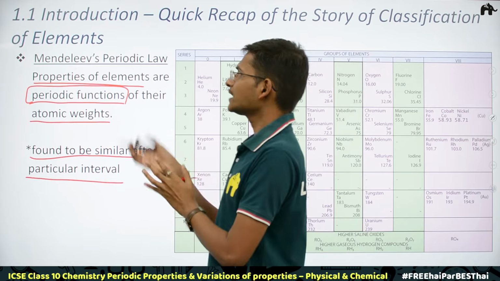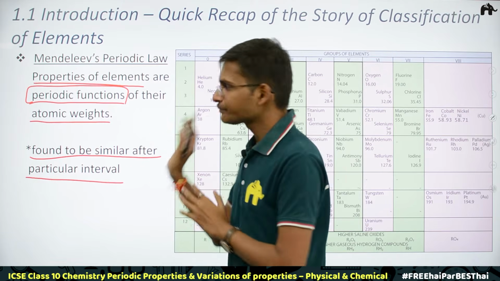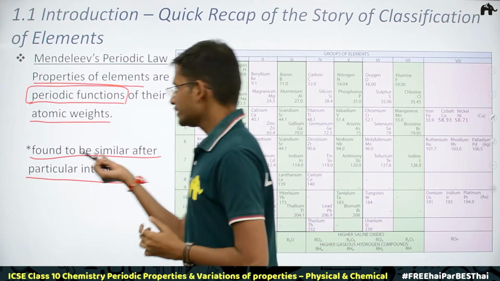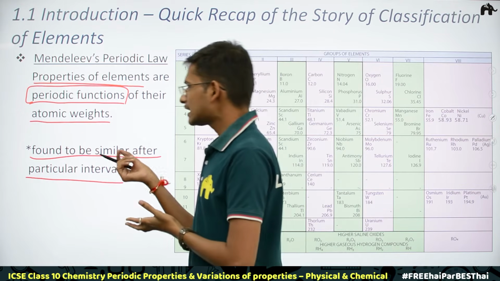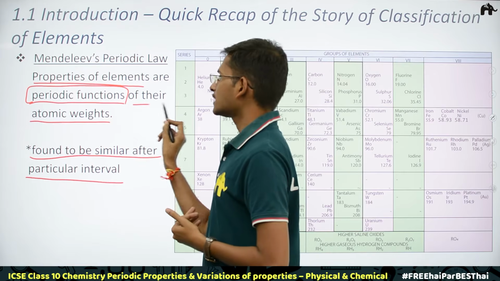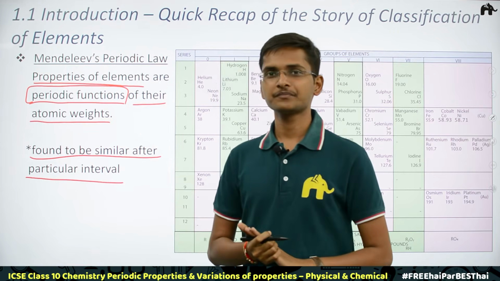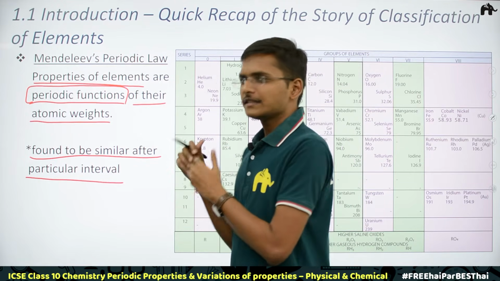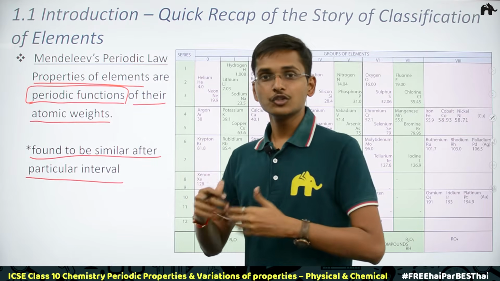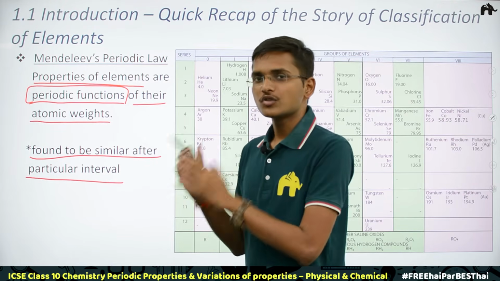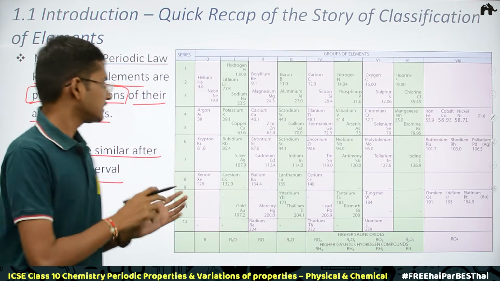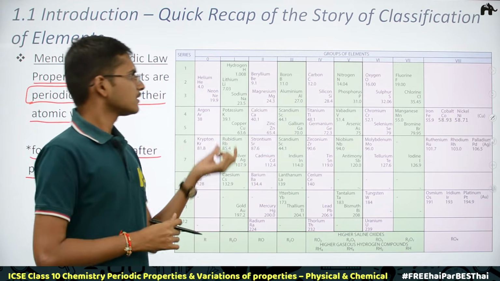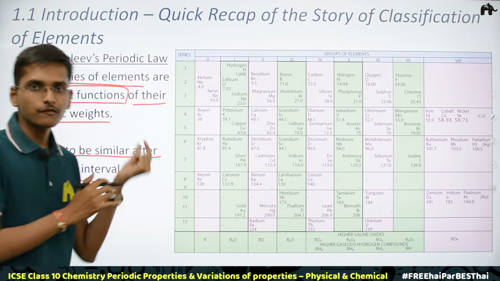So Mendeleev wants to tell us that the properties of elements are found to be similar, okay, after a particular interval of their atomic weights. Now, I think you would understand it in a simpler way when we see the periodic table again. Now, let's see how he determined this law from his periodic table.